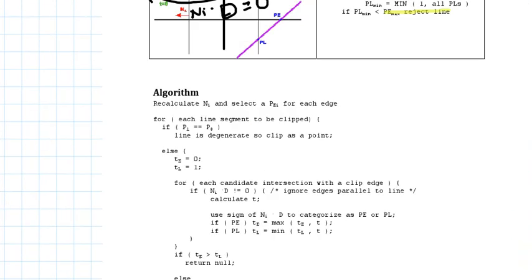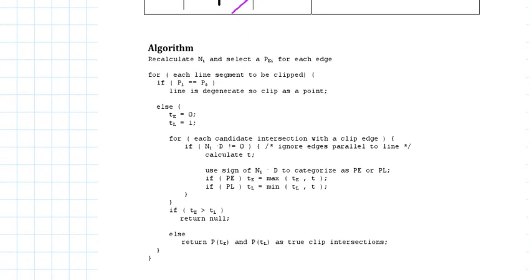So before going further, you are rejecting those lines and considering only those lines which don't satisfy this condition.